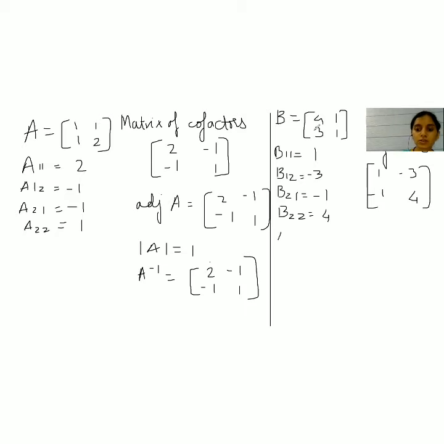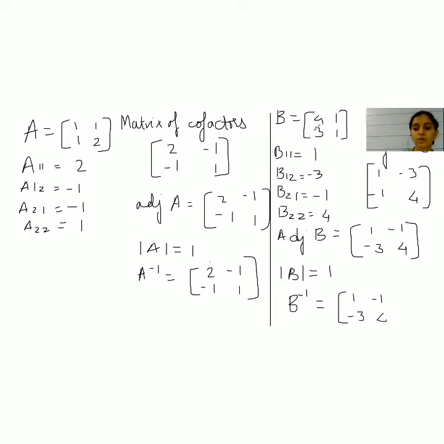Next, the adjoint of B is 1, minus 1, minus 3 and 4. Determinant of B is equal to 4 minus 3, that is 1. So B inverse is equal to 1 upon 1 multiplied by 1, minus 1, minus 3 and 4. This is B inverse. Last thing, we have to find out X.